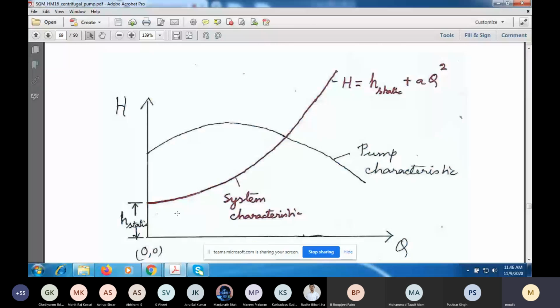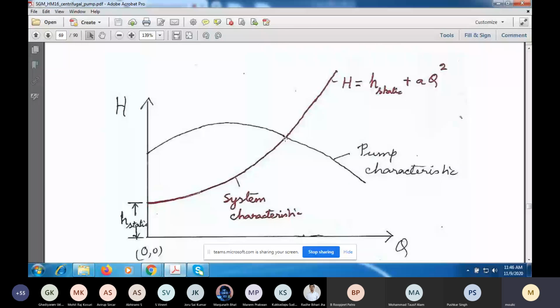So the more the flow rate, the more will be the head that is required, and that will have to be supplied by the pump. The slope of this curve is always positive. The slope of the pump characteristic may either be positive or negative. I have shown a case where it is both. And this is the intersection point.